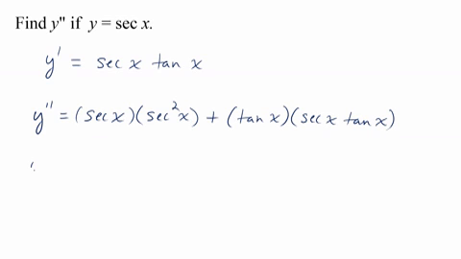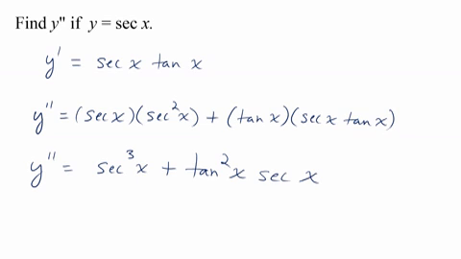Now we simplify. Secant x times secant squared is secant cubed x, and then over here it seems that we have two factors of tangent, so tangent squared x times secant x. So the second derivative is secant cubed x plus tangent squared x times secant x.